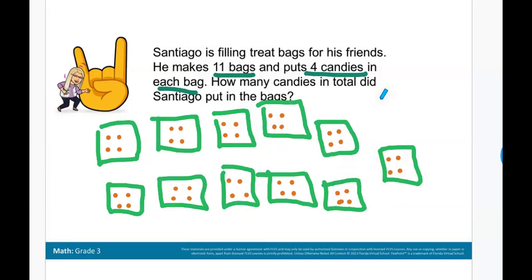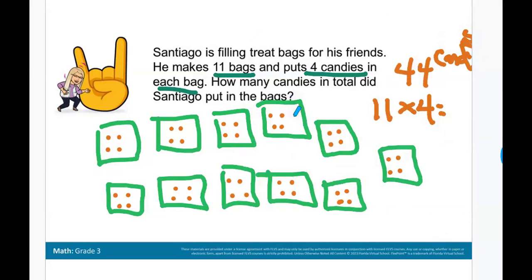So I know 11 groups of the number 4 is equal to 44 candies. I'm going to run out of space. All right, so 44 candies.